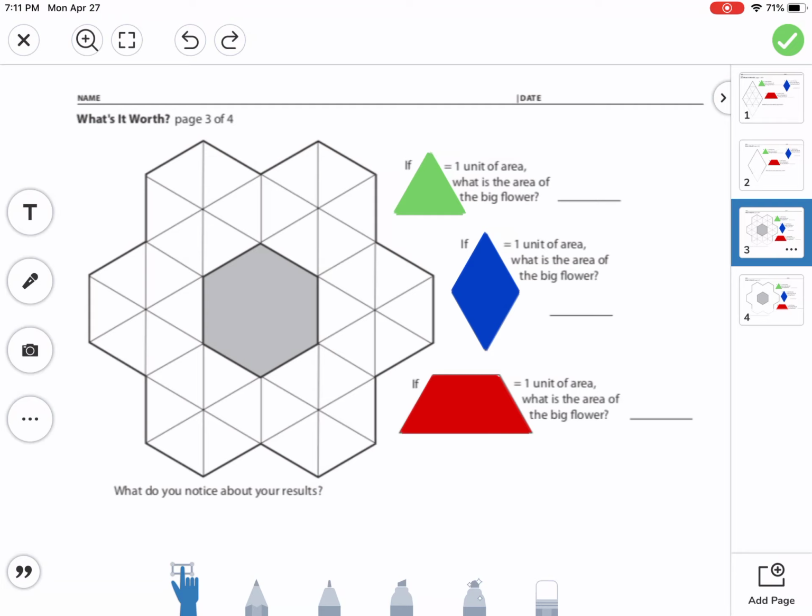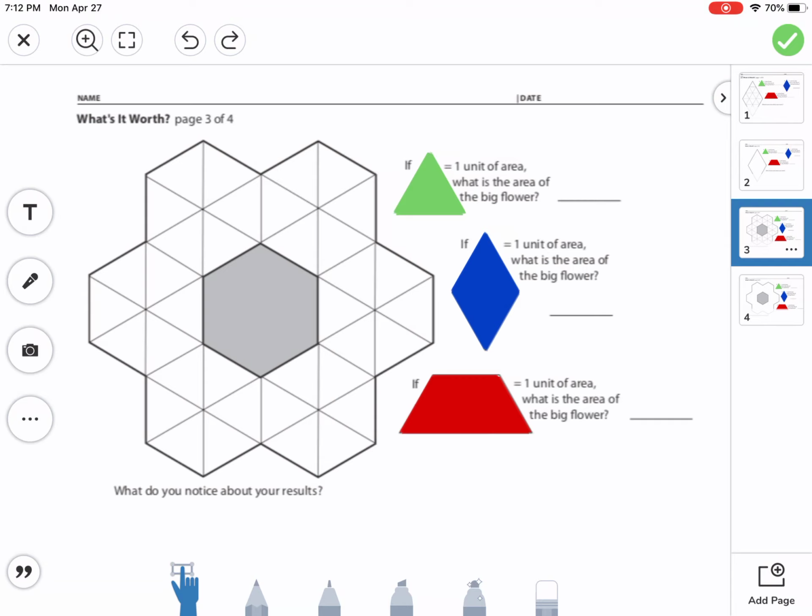Like we noticed before in our example with the star and with the caterpillar, we noticed that we needed less rhombuses because a rhombus is 2 triangles. It's the same size as 2 triangles. So that's the relationship. You'll need less rhombuses because they're bigger.